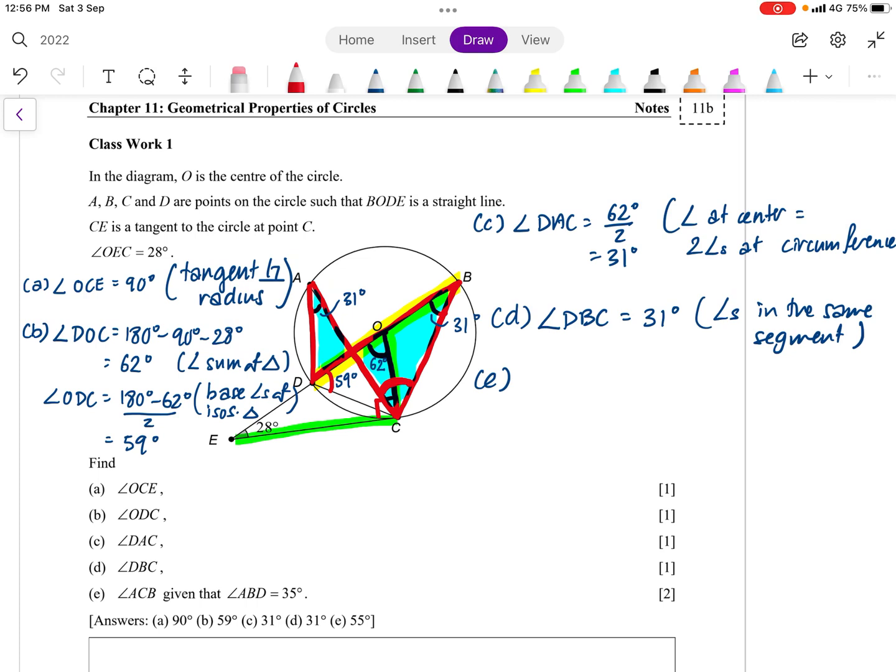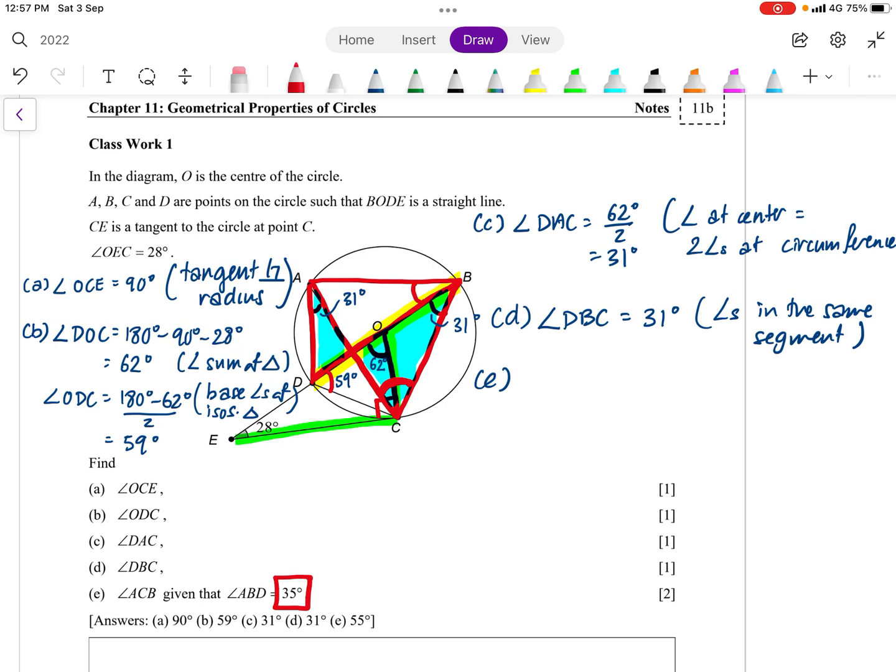And they also give you a free gift of 35 degrees. So make sure you use this. ABD is 35 degrees. But there's no line joining A to B. Let me extend the line. Let me draw a line from A to B. ABD. Let me draw it again.